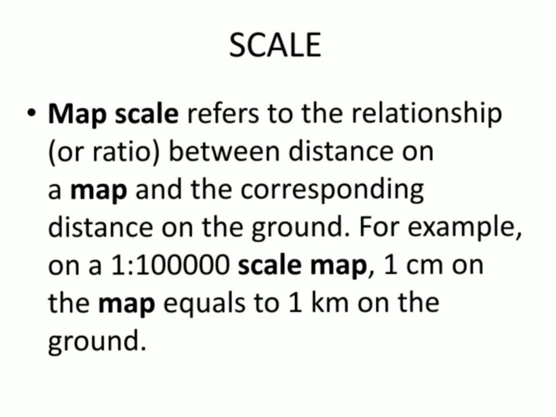For example, on a 1:1 lakh scale map, 1 centimeter on the map equals 1 kilometer on the ground. That means whenever the map scale is given, it represents the exact distance on the ground.